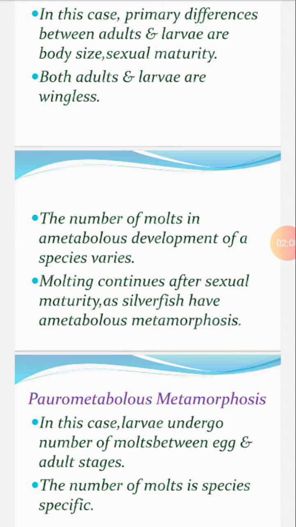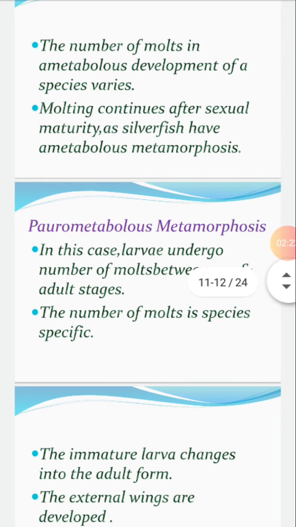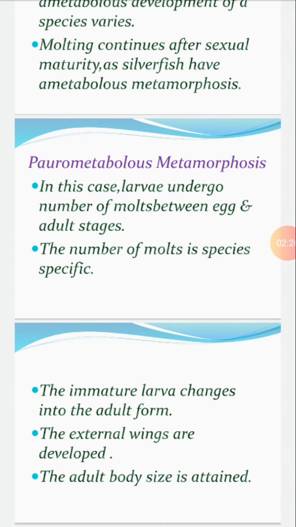Paurometabolous metamorphosis, second category. In this case, the larva undergoes a number of molts between egg and adult stages. The number of molts is species specific, that is, it depends on the species. The immature larva changes into adult form, that is, undergoes the metamorphosis process.